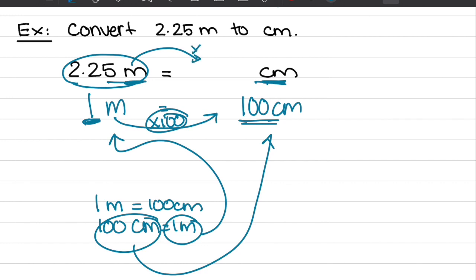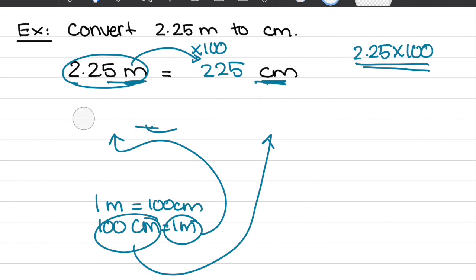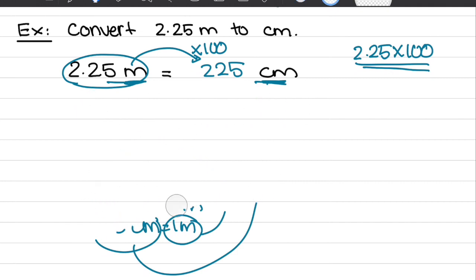So I will multiply 2.25 by 100 to find the equivalent amount in centimeters, the same distance but in centimeters. So put this in your calculator and you should get 225 centimeters, just like we got moments before. Okay, so that is another method that you can use to convert between meters and centimeters.